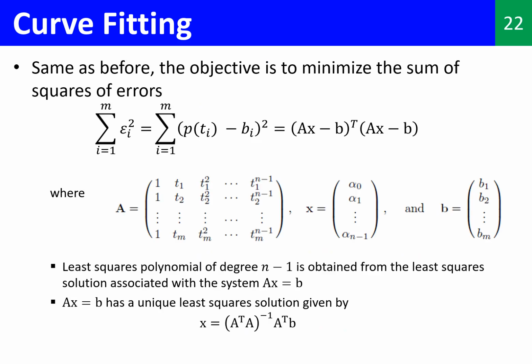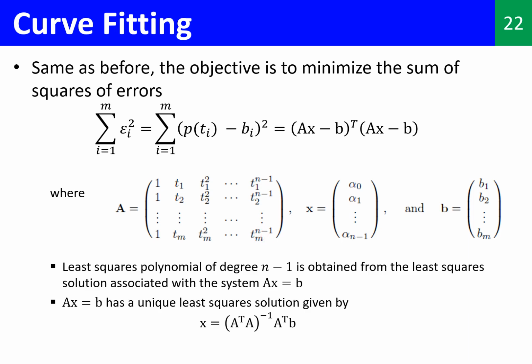Just like before, the sum of the squared error is given by Ax minus b transpose times Ax minus b. Okay. In this case, A is given by this matrix. So you can see a certain pattern here, right? So we have T1 up to Tm, and then T1 squared up to Tm squared, and finally T1 to the power n minus 1 to Tm to the power n minus 1.